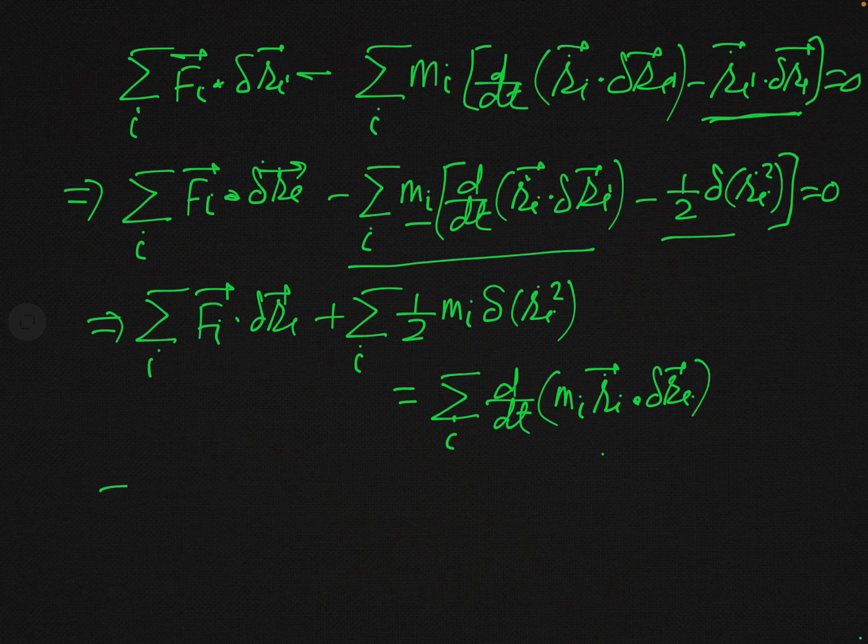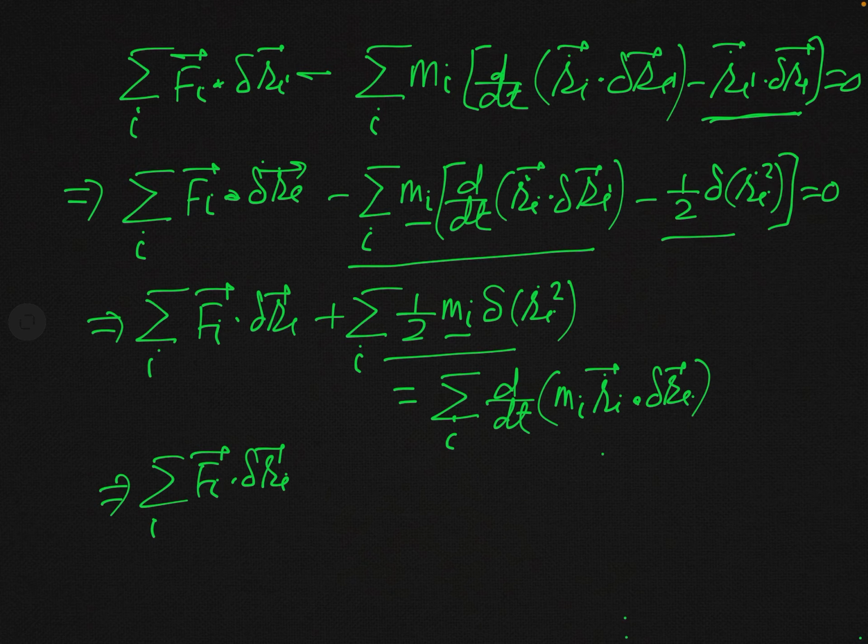Now see here, the first term is Fi dot delta ri. Now this second term, as you know, mi is not varying here, so it can be inserted inside this operator delta, which represents the small delta variation.